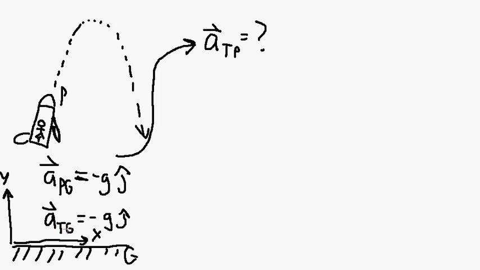Well, TP, PG, we can put those together and smash the P's out in the middle to get TG, so that's how it works. So acceleration of Tom Hanks with respect to the plane plus the acceleration of the plane with respect to the ground equals the acceleration of Tom Hanks with respect to the ground. Whoops, or not G. G, there we go.